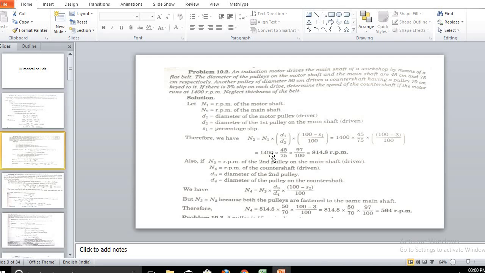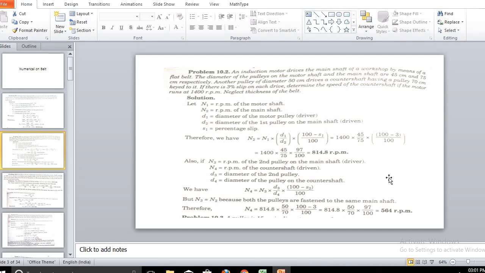Now put all the values. For N2 and N1, for the motor and main shaft, from motor to main shaft, and again the RPM of the second pulley on the main shaft drives the next. So this is a compound belt drive.